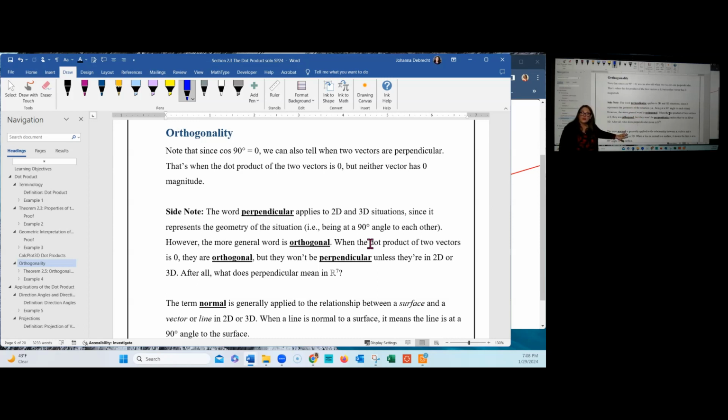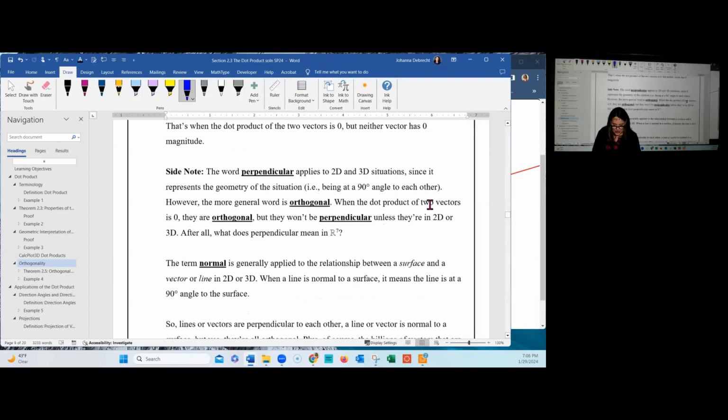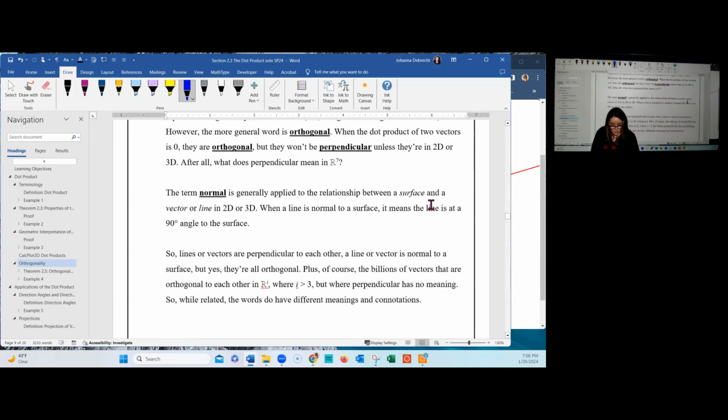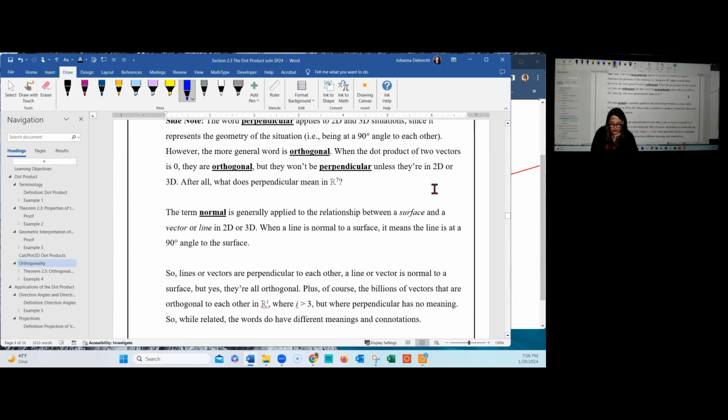Now, what about the word normal? Normal also carries this connotation of being perpendicular. So what does that mean? The term normal is generally applied for the relationship between a surface, some 3-dimensional surface like my arm, and a vector or a line in 2 or 3 dimensions.